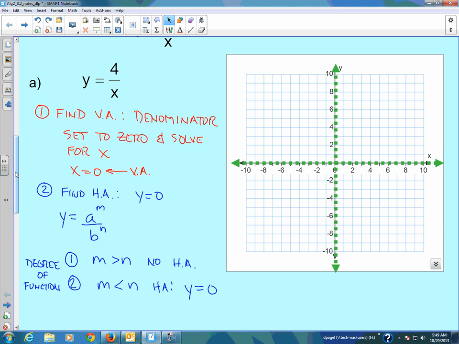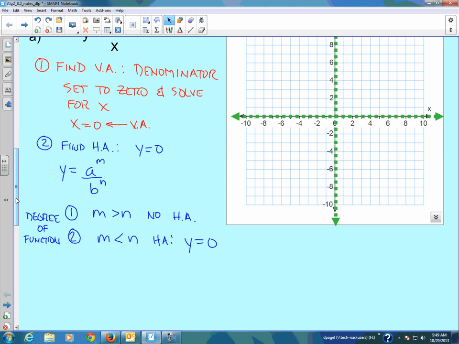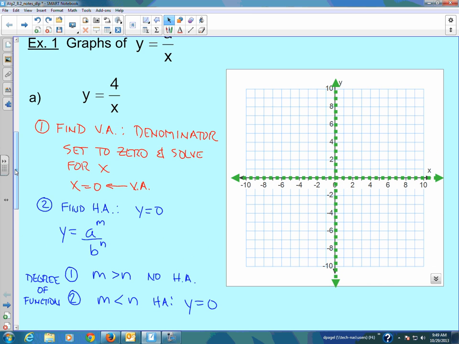So we have a 4, which is a constant, no variable up there at all, so no power to contend with, over an x to the first, so our degree on the denominator was 1, and our degree on the numerator was nothing. So we have a smaller power of m, and we've got a value of y equals 0 because, in this case, the bigger numbers I put in for x, let's say I put 1,000 in there, 4 over 1,000.